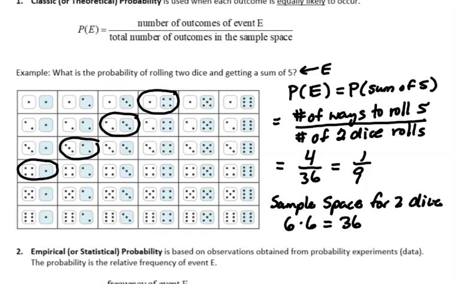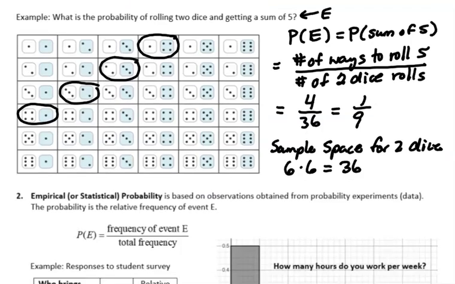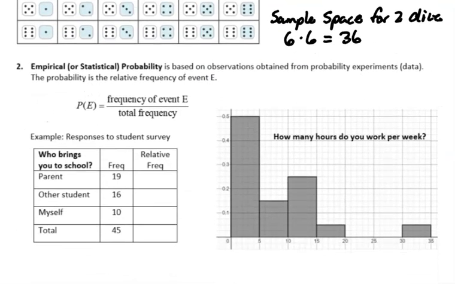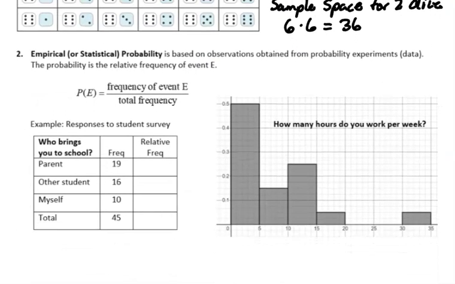That's my probability. Now there's other ways to count the total number of outcomes in the sample space besides using the fundamental counting principle or listing out some sort of a diagram. Another way is to use what's called empirical or statistical probability.